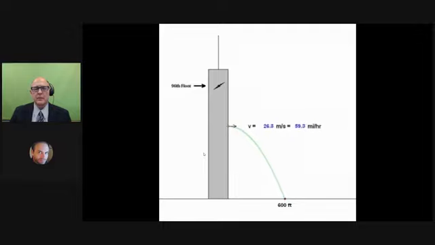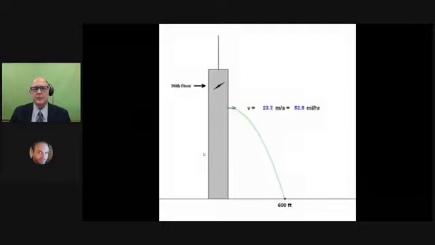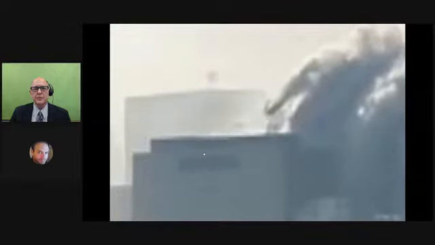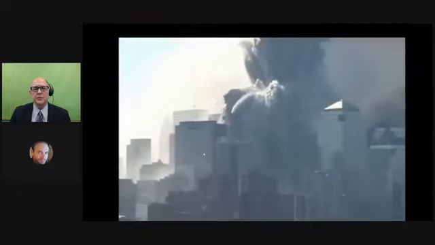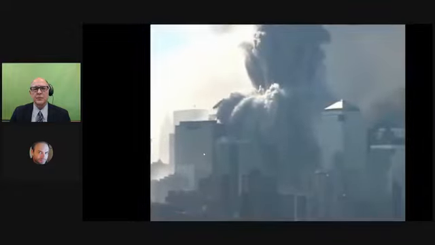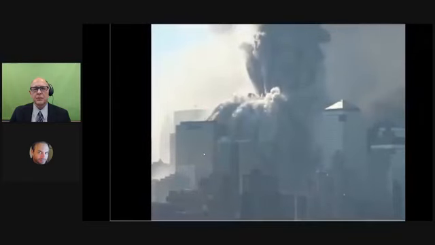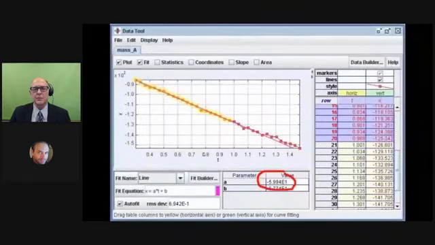Gravity alone cannot account for such high lateral ejection speeds. I'm here measuring the horizontal speed of what appears to be one or more wall units, which are being thrown northward from the North Tower. Because it was recorded by a handheld camera, I had to first stabilize the image. Then I did the measurements from the stabilized version of the video. Final result, 35 meters per second, which is 78 miles per hour.